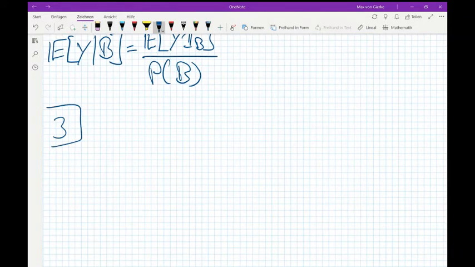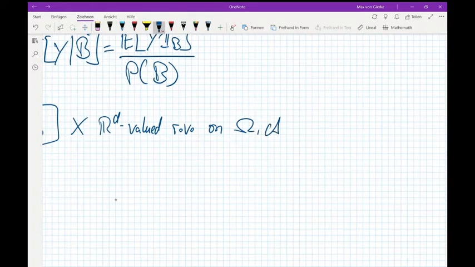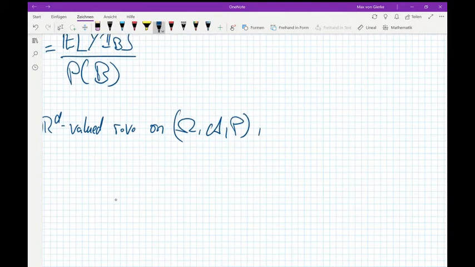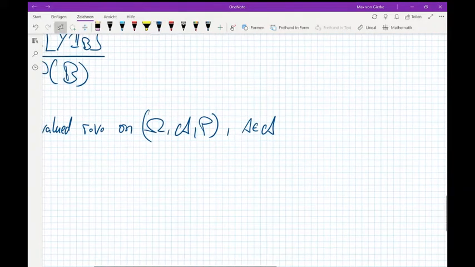Well, our general setting here: let X be an R^d valued random variable on our probability space (Ω, 𝒜, P). We have an A from script A. We can just assume right here that it has some probability mass.